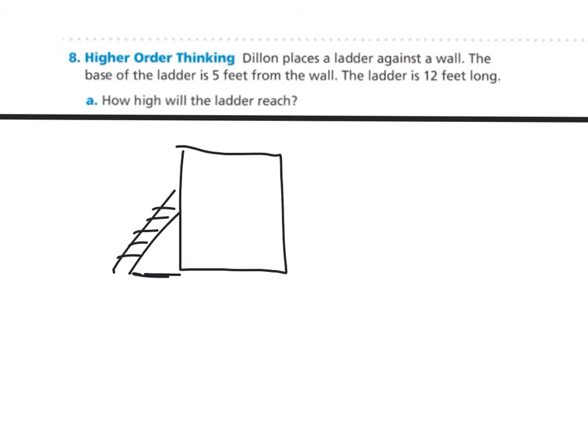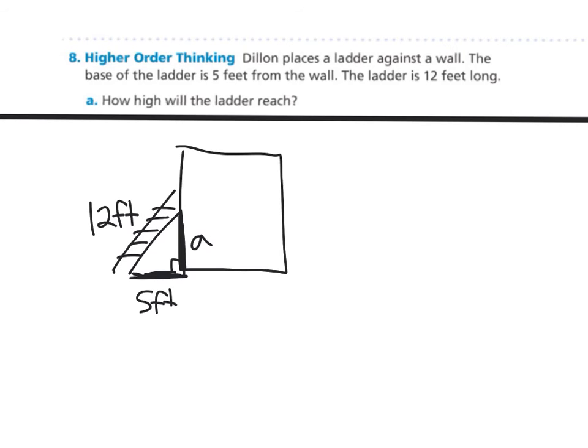So the base of the ladder is 5 feet from the wall. So this is 5 feet. The ladder is 12 feet long. And we're seeing how high the ladder reaches up on the wall. So this is what we're trying to find.